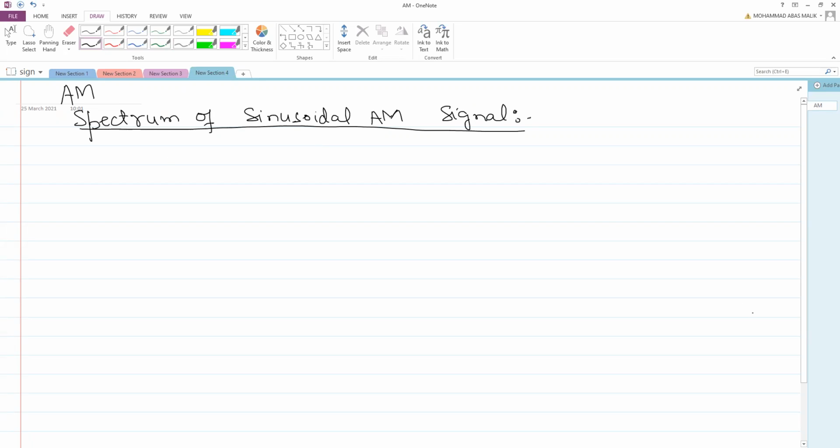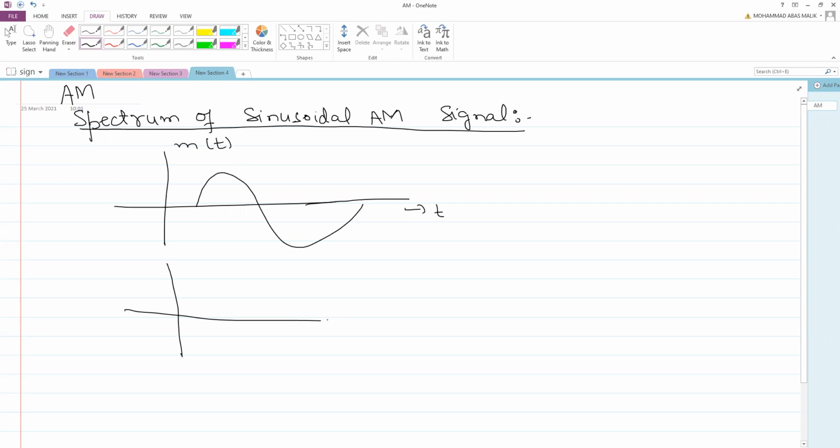So first of all, you have a modulating signal, and that usually can be any type of signal because that's called an information signal. Let this be your modulating signal. This is T and this is M of T. Now from the modulating signal, you have one signal that's called the carrier signal, right?